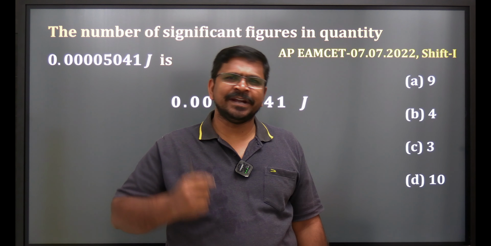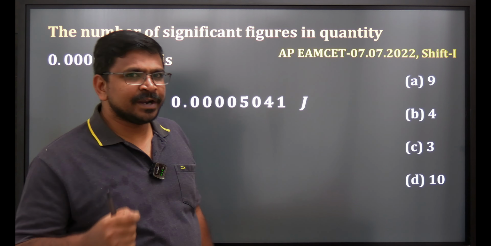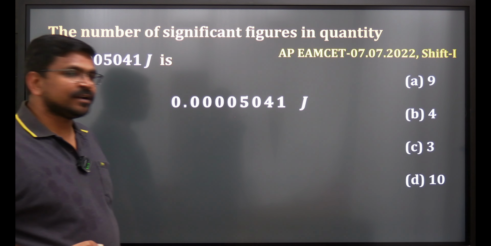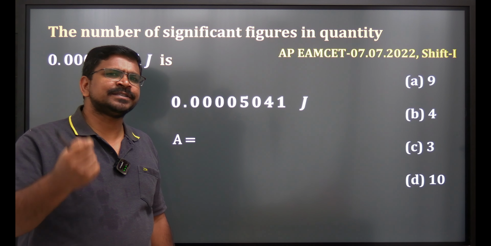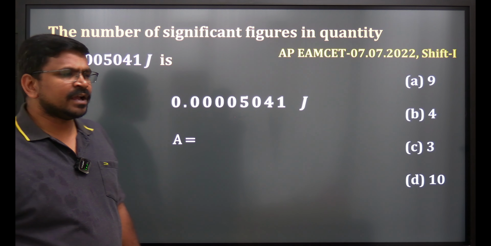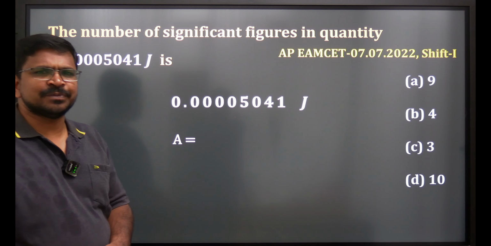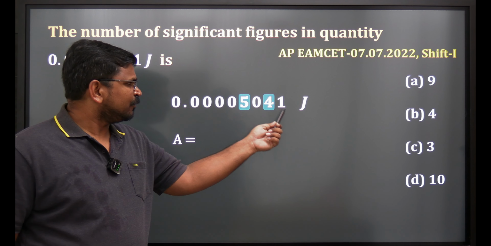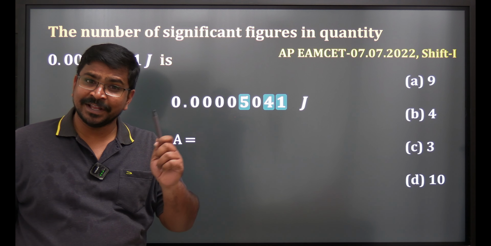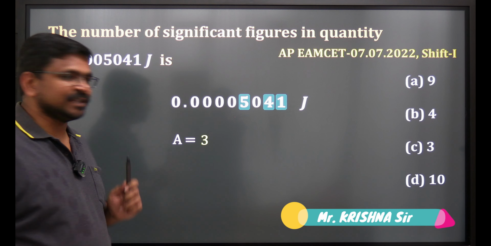But according to the significant figure rules, what is our first rule? A. What is meant by A? A is the number of non-zero digits. How many non-zero digits are here? 5, 4, 1. Only 3. So A value is 3.